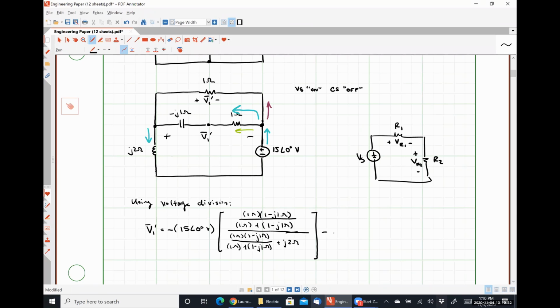All right, so let's take a moment, put this big clunky thing into our calculator.